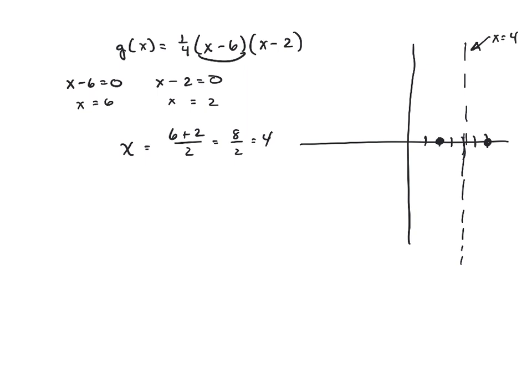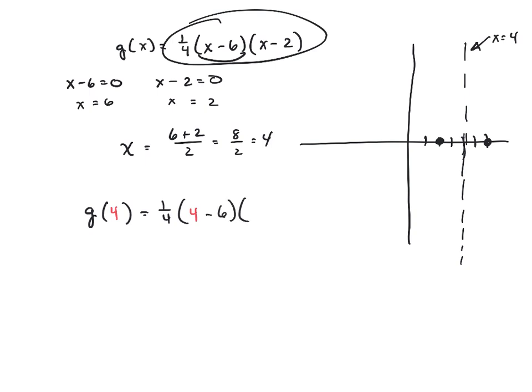Next, all we have to do is take that value of 4, plug it into the function. So we are going to find the g of 4, which just means go to function g, right up here, and everywhere you see an x, put in a 4. Go inside the parentheses first, multiply left to right.